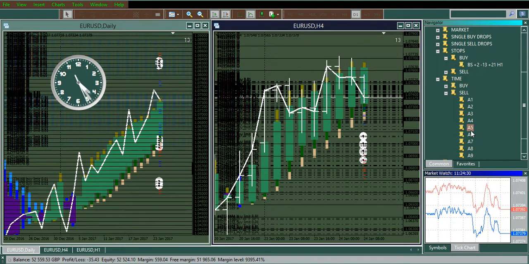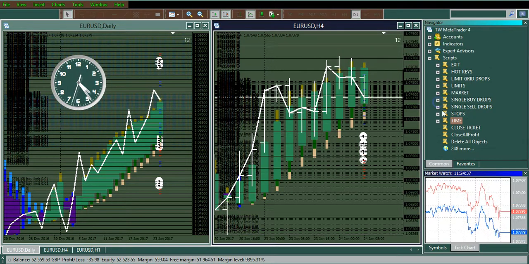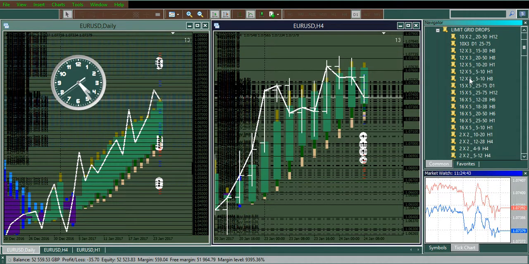So they really should customize all these trees to fit your view of the world. If you see the world by time, if you see the world by price, the grid drop is all price. This is price width, so 12 pips from top to bottom. So it's a bin. It's a 12 by 3 bin of orders.